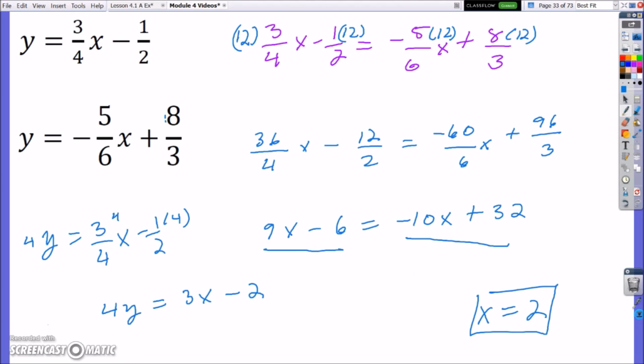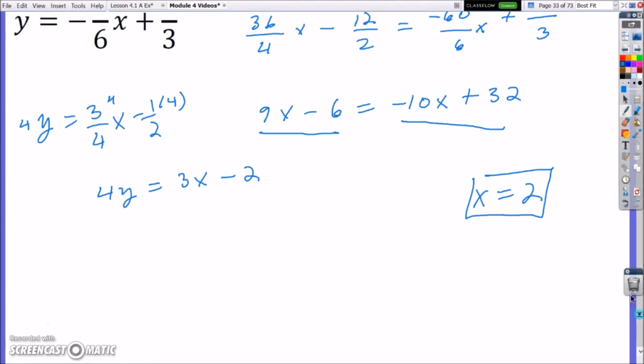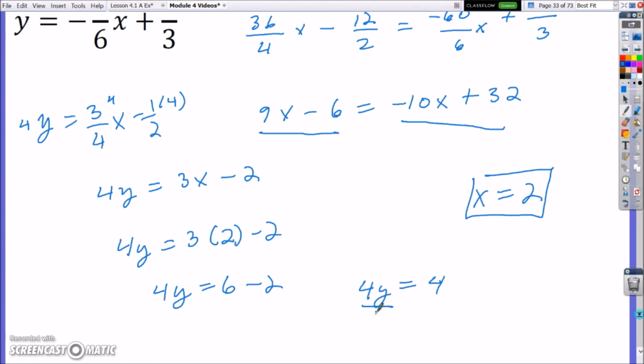And I'm going to plug 2 in for x into this equation now. So this will give me 4y is equal to 3 times 2 minus 2. This would give me 4y equals 6 minus 2, which is 4y is equal to 4. And when I divide both sides by 4, I'm going to get y is equal to 1. Therefore, the point of intersection of these two lines would be 2, 1.